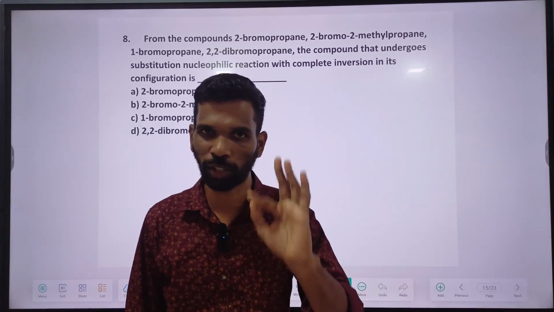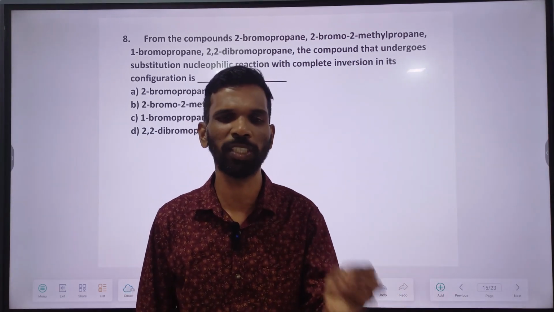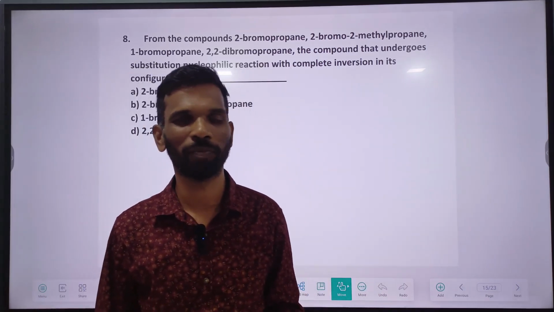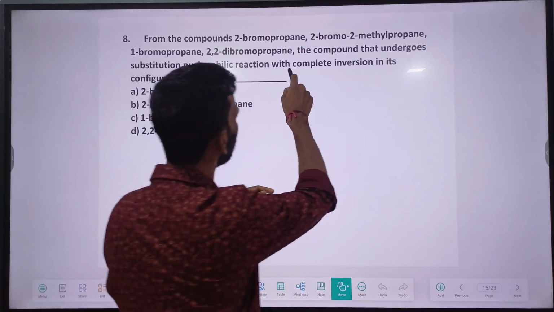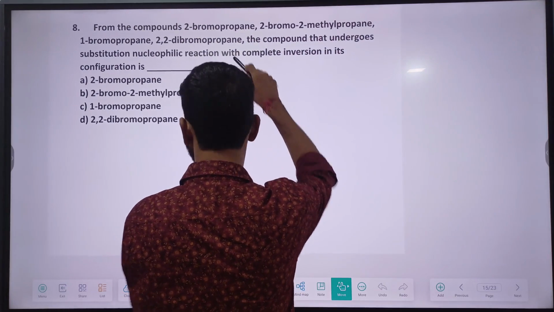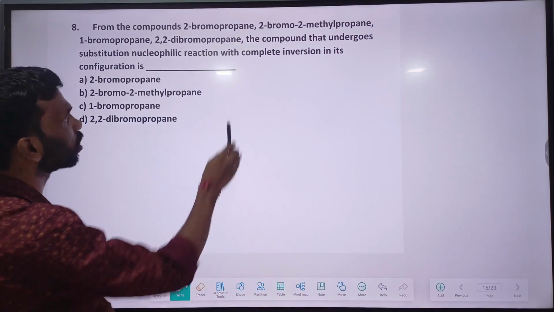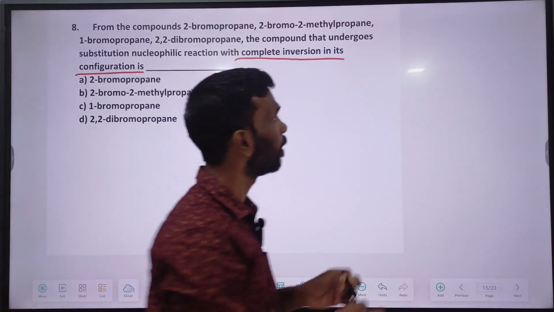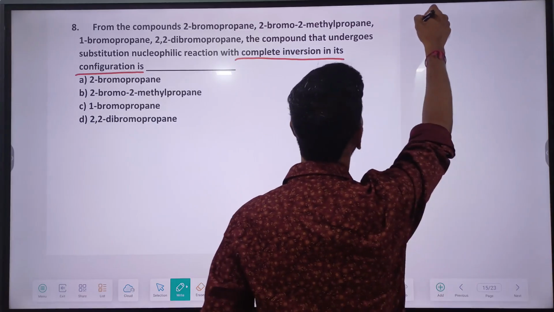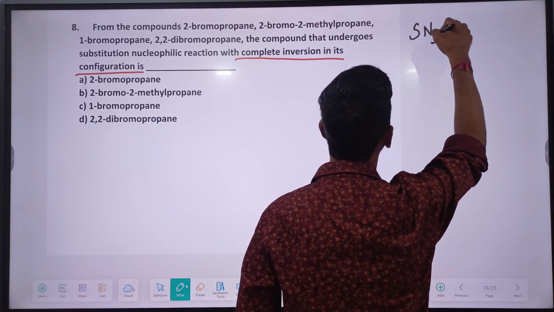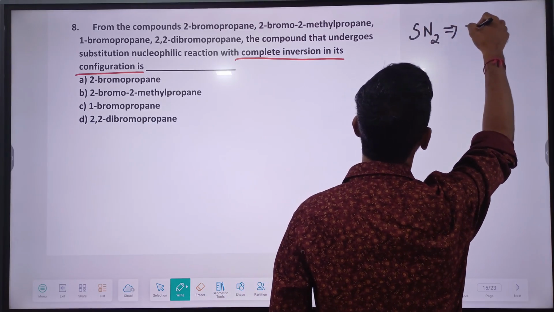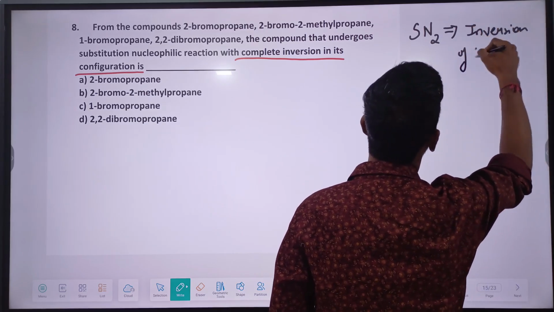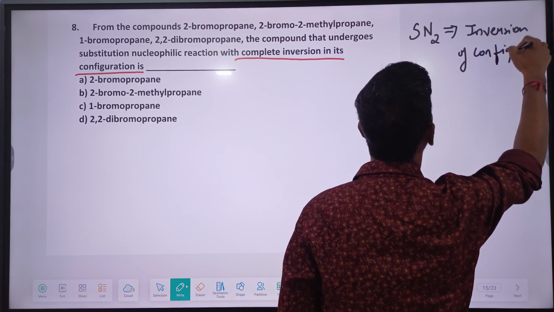I have illustrated these 4 differences at the beginning, which is a basic requirement to know haloalkanes and haloarenes. The question did not mention SN2 directly, they said inversion of the configuration. So go to the differences and understand that SN2 gives inversion of configuration.